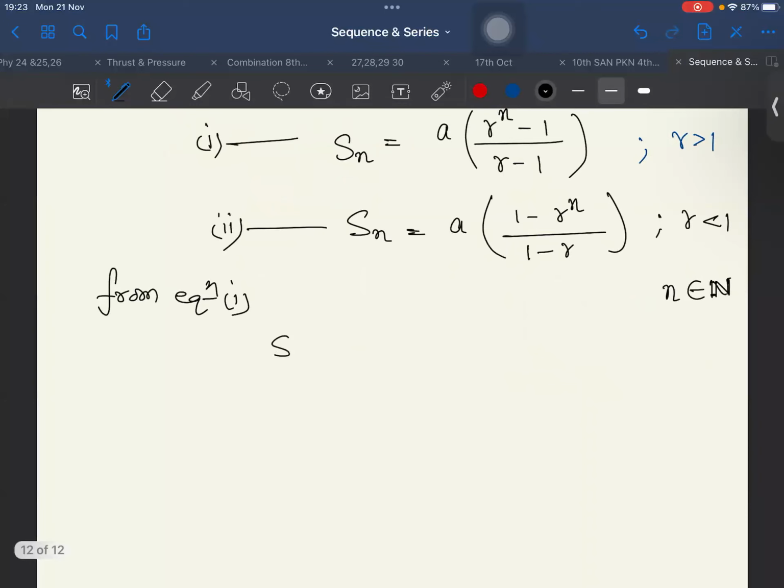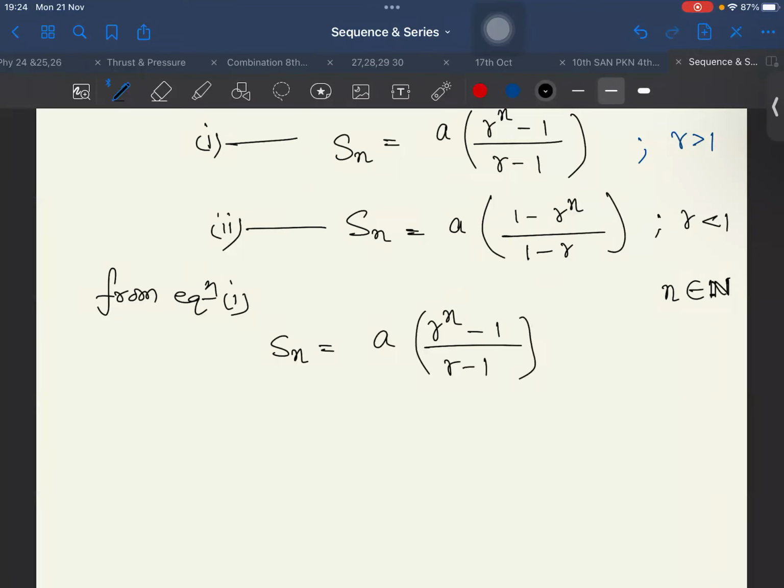Let's write it. Sn is equal to a (r to the power of n minus 1) upon (r minus 1). That's what you are saying, where r is greater than 1. So I'll take minus 1 common in the numerator and denominator.